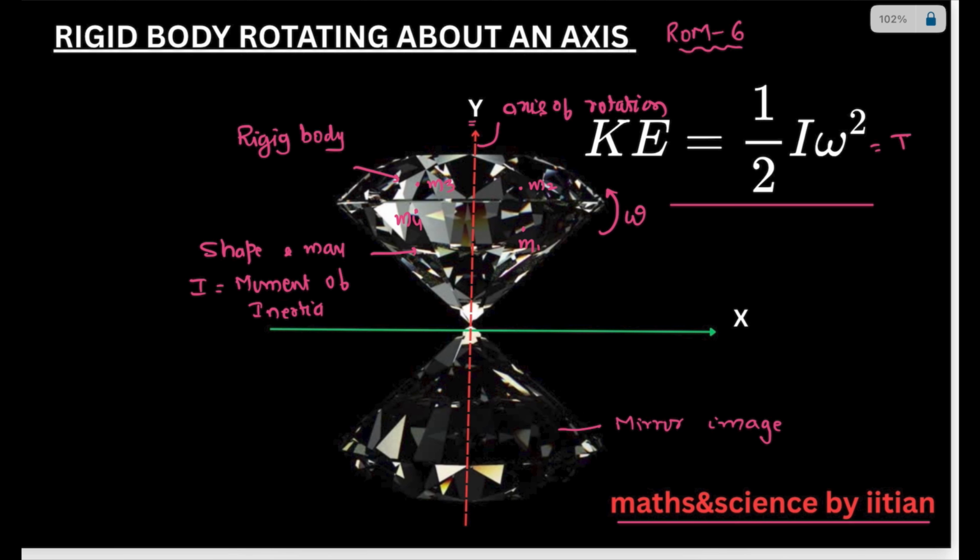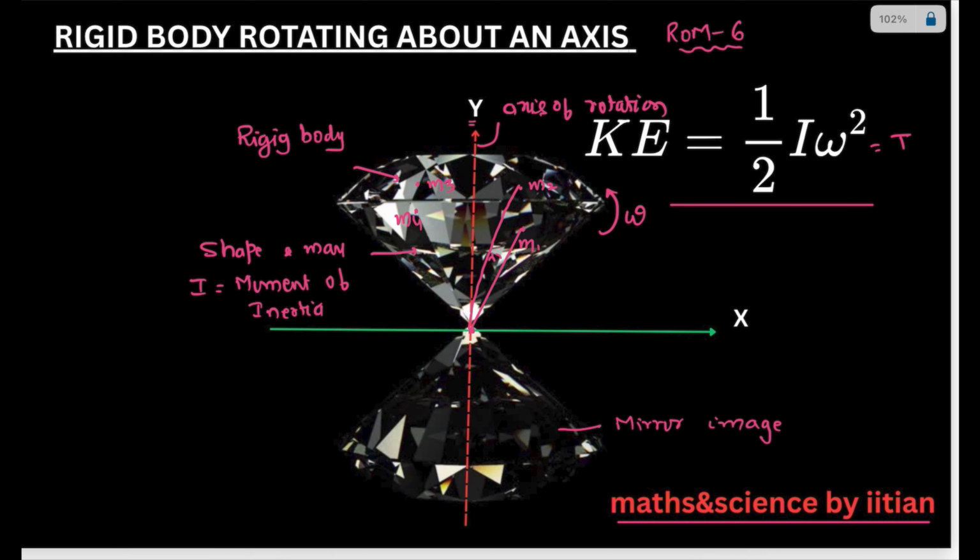And the distance from the axis of rotation, this axis of rotation is passing through this point, because the axis of rotation should pass through a certain point, let it be this point. From this point, what is the distance? This is R1.